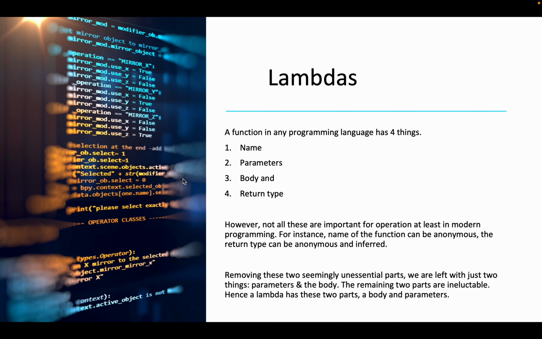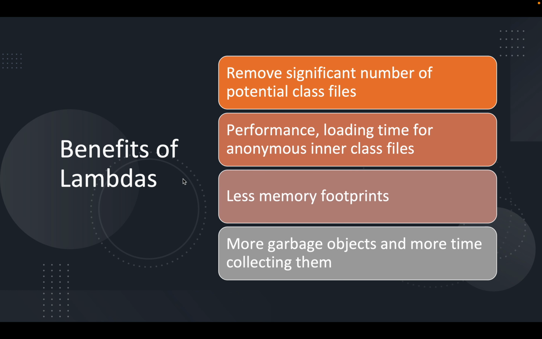So what are the benefits that lambdas give? They remove a significant number of potential class files that get generated when you are using a comparative style. We will see what we mean. This may not make sense now, but we will see what we mean by that. Also, we see performance, because if you don't have a class file, there is nothing to load into memory.